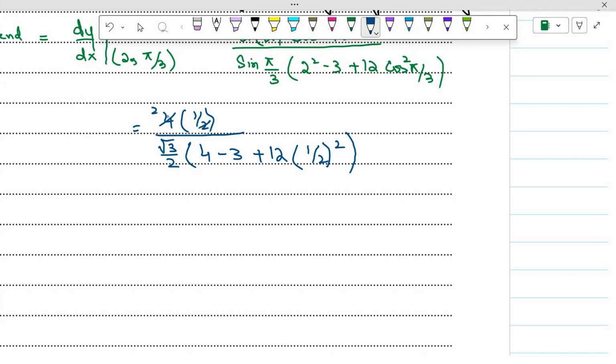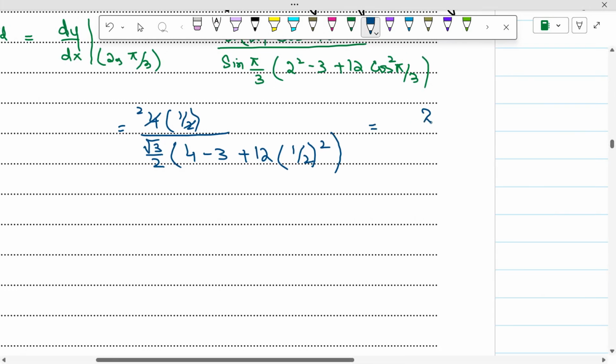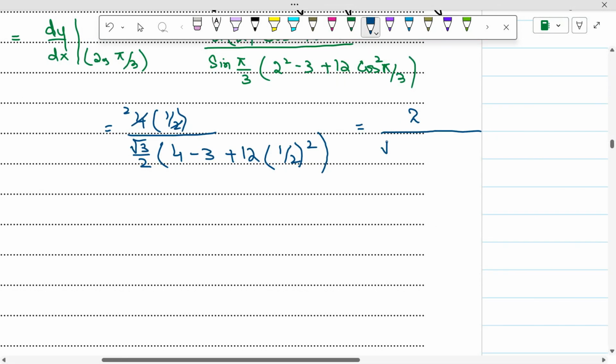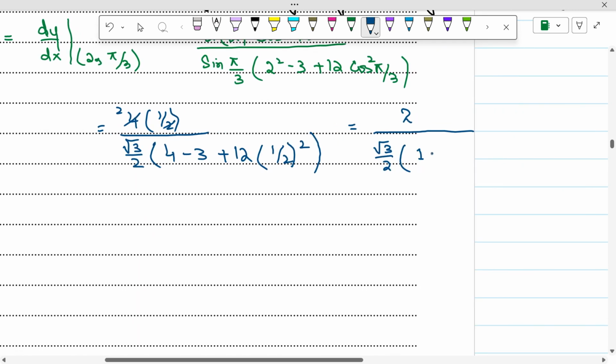This will be equal to 2 over √3/2, and in brackets we will have 4 − 3 is 1, plus 12 times 1/4. This is equal to 3.